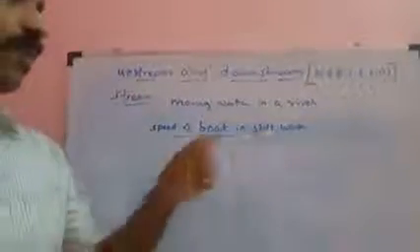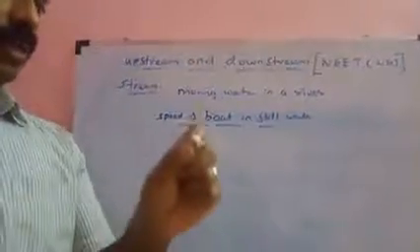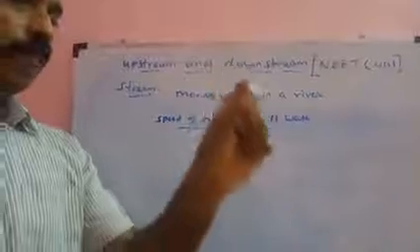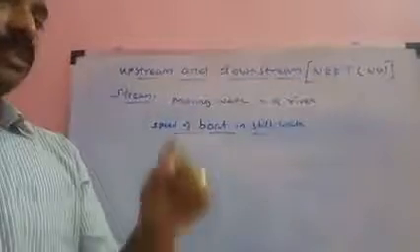Still water means water in a stationary position. If the water is stationary and the boat is moving, then how to find the speed of boat in this still water?